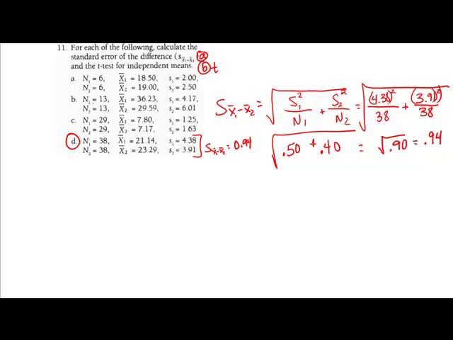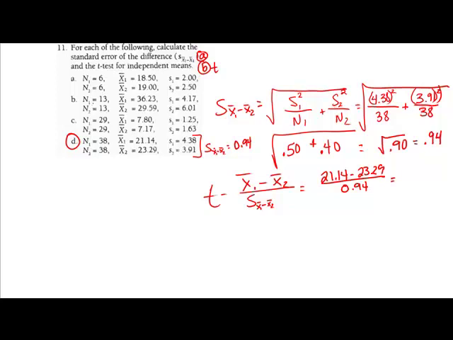The t-test is going to be the difference between the two means divided by that monstrous term with the subscript that we just got. Our two means, 21.14 minus 23.29 divided by 0.94.